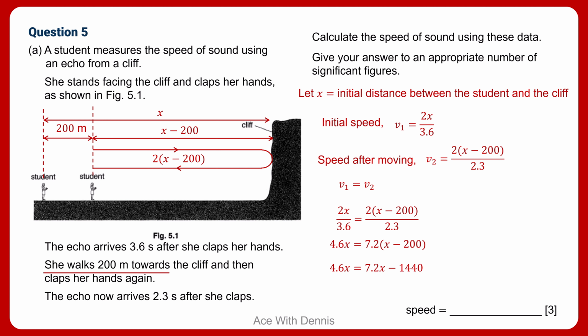Expand the bracket, and 2.6x equals 1440. So x will be 553.846. So the speed will be 2 times 553.846 divided by 3.6. Then we get about 308 meters per second. This value has been rounded to 3 significant figures.